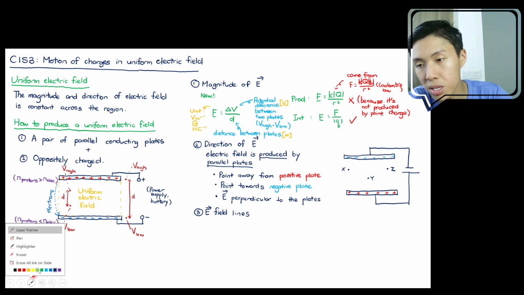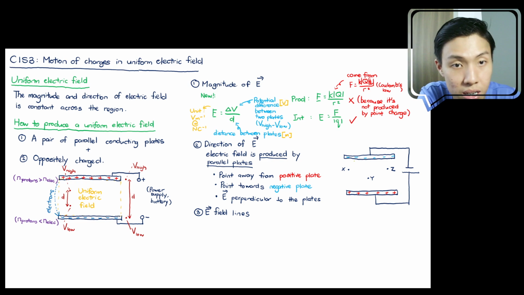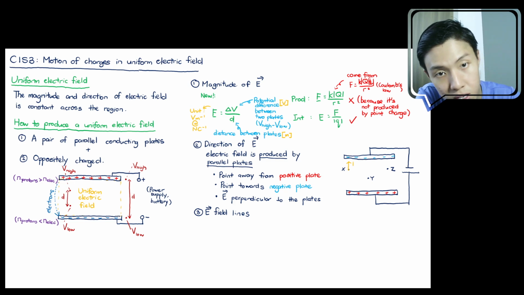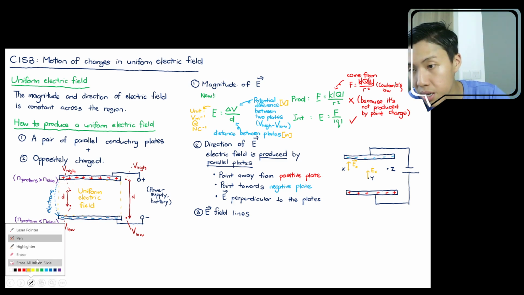So just by knowing these three statements, we are able to say that the electric field should probably be pointing somewhere like this. Okay, this is the electric field at X. Then Y should have the same length because same strength, and same direction of arrow. Okay, this should be EY.